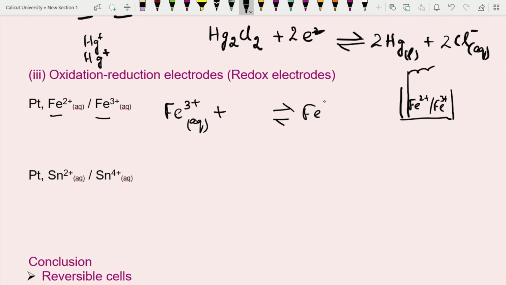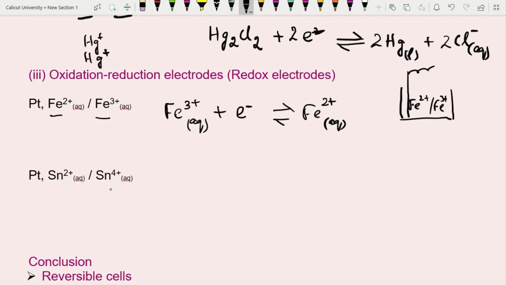You cannot make it into iron. Why is it so? Because you do not have iron in the electrode; you have either ferrous or ferric. So, you add just one electron, and it gets converted into ferrous. So, there is a reduction, that is, ferric is reduced to ferrous in the aqueous state. So, this forms an oxidation reduction electrode.